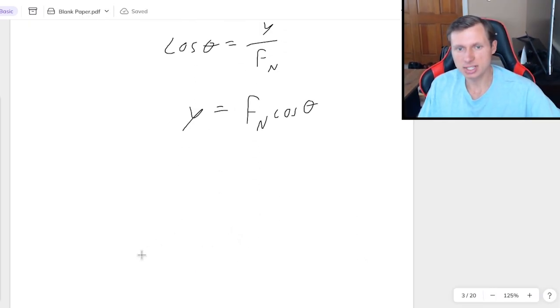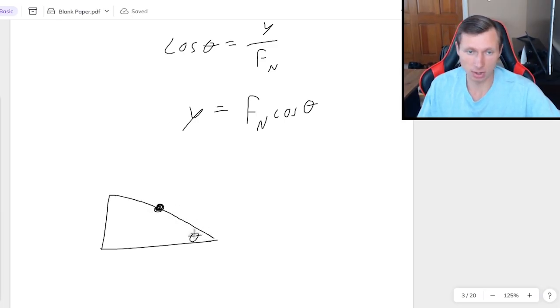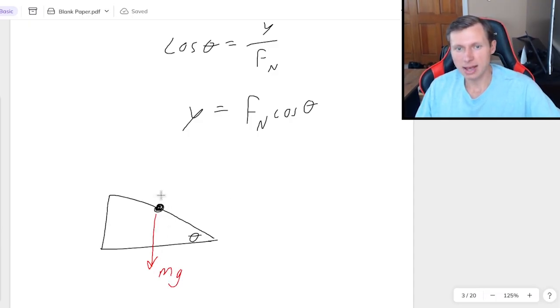The reason why I do this is because now I'm going to redraw my free body diagram with the car, and mg still points down, but now I have normal force y pointing up, Fn cosine theta, and another force, the x component, being Fn sine theta.